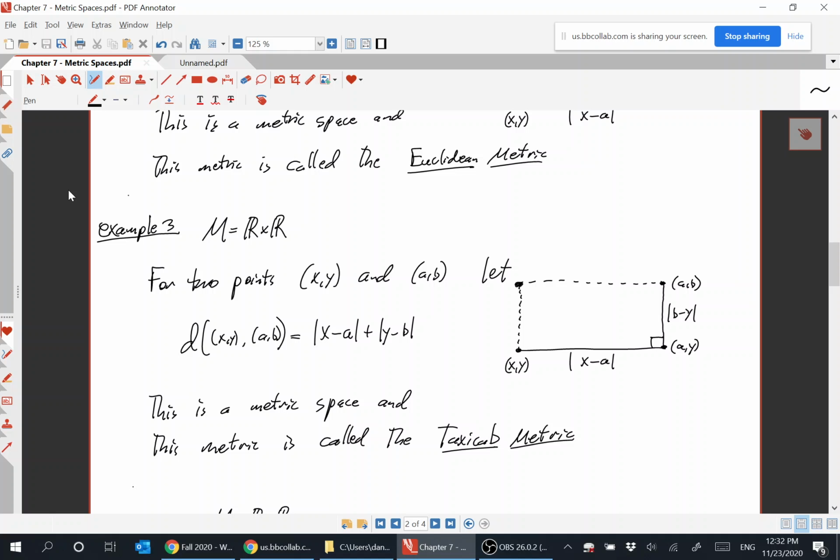You measure the distance in the number of blocks of travel it takes to get there, assuming blocks are kind of the same size. It's 2 blocks north, 1 block east. All right, and that's this metric. The distance between points x, y and a, b is this length plus this length. It's the absolute value of the difference in x plus the absolute value of the difference in y. And that's called the taxicab metric.